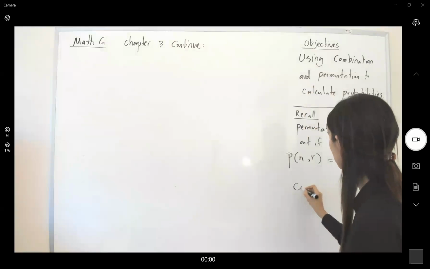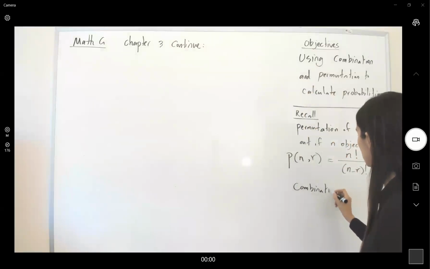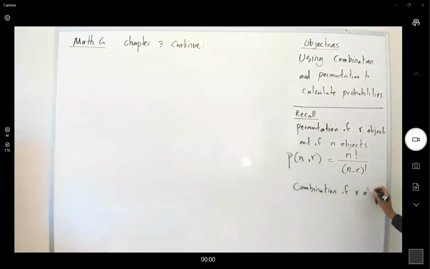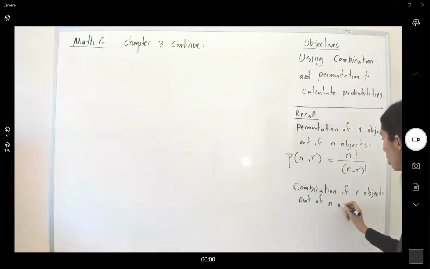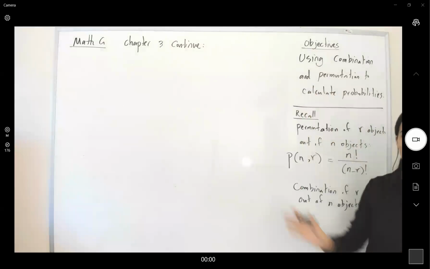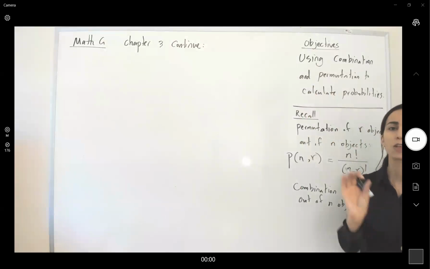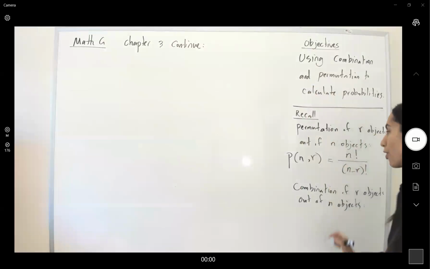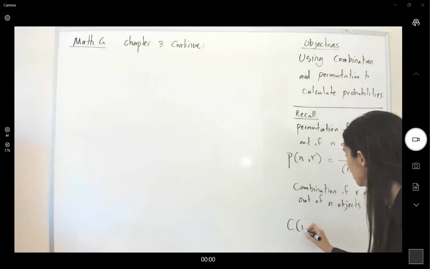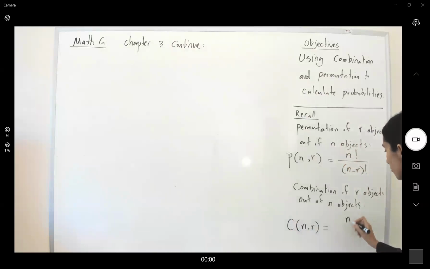So combination of R objects out of N objects is just selecting those R objects out of N objects, or forming subsets with cardinality equal to R, or size equal to R. So this is the combination N comma R. It is N factorial divided by N minus R factorial, and we also have to get rid of the orderings, R factorial.